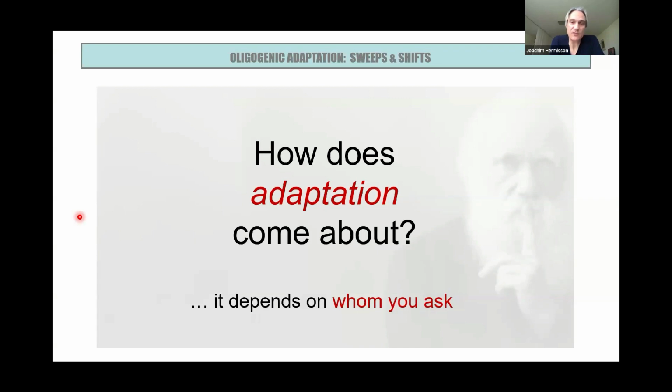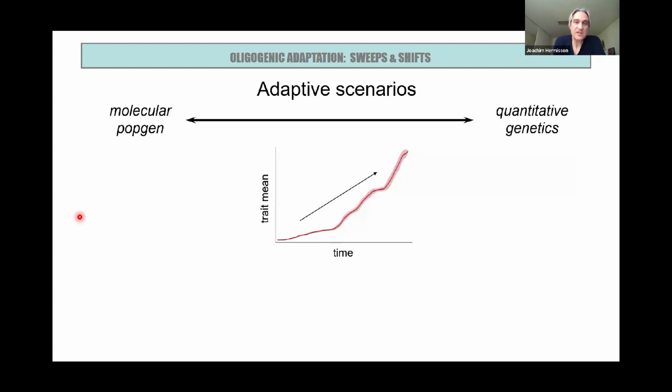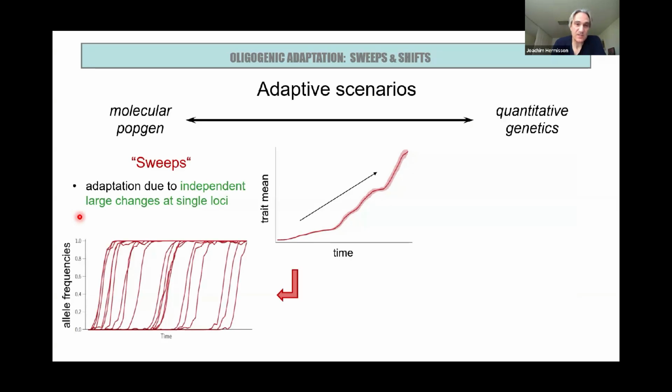Of course, all the foundations have long been laid by Darwin and Wallace, but beyond that, we have these two different ideas coming rather from the molecular popgen side or from quantitative genetics. And you've seen this before, of course, in Neda's talk.